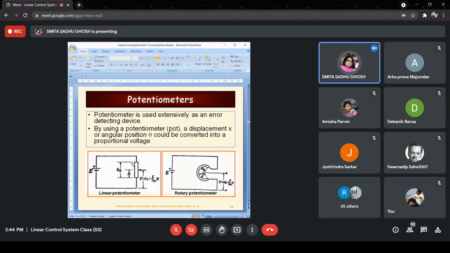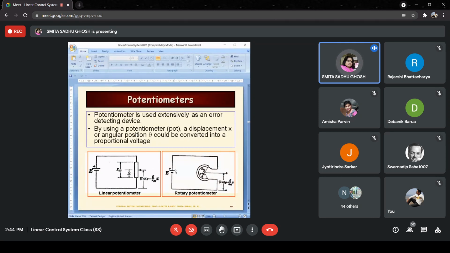So the linear displacement is directly being converted to an equivalent voltage, and hence, of course, it is a transducer. This linear potentiometer will give us an output voltage from the reading of an input linear displacement. The input for this particular system would be the linear displacement, right?